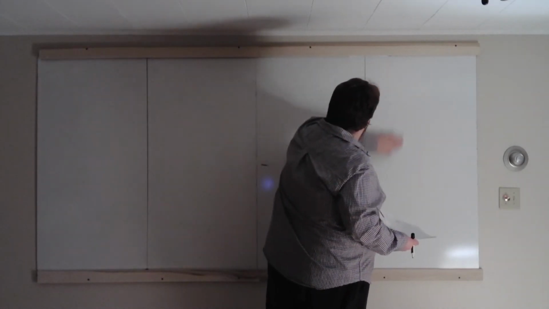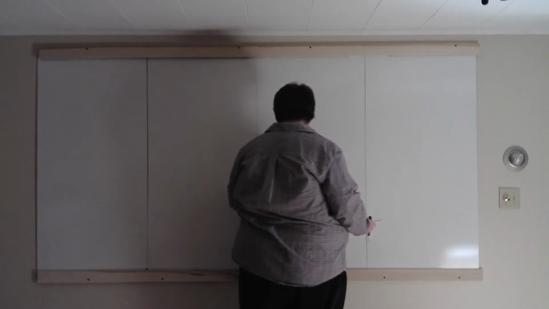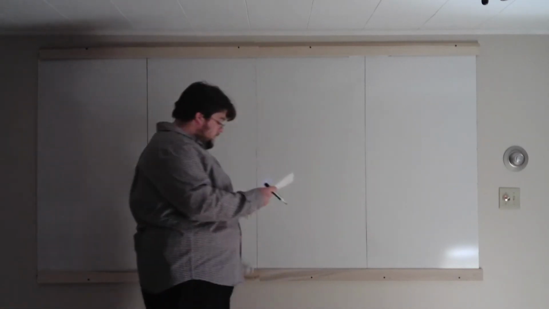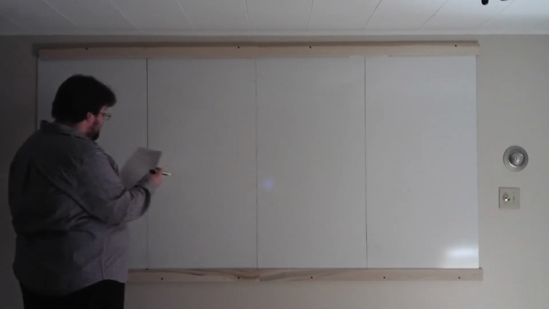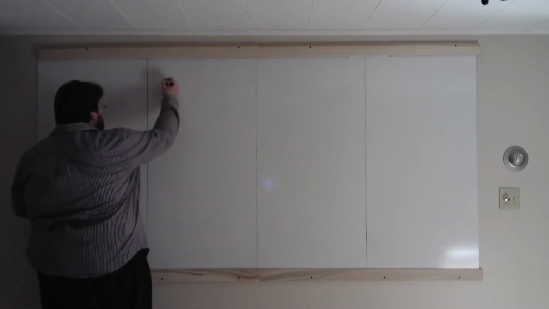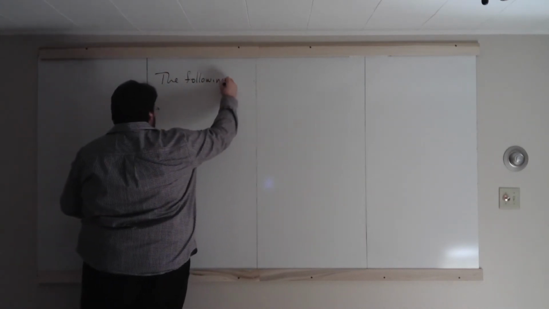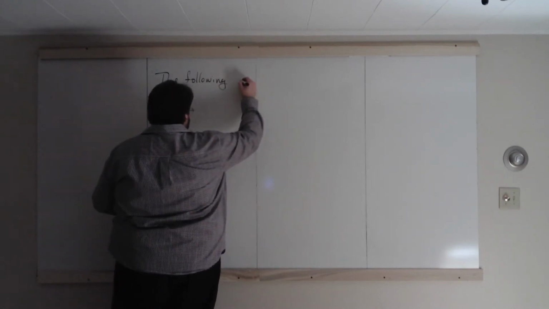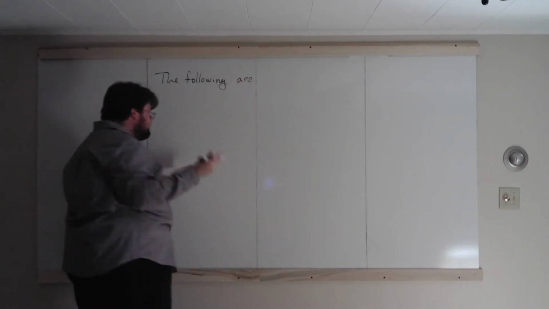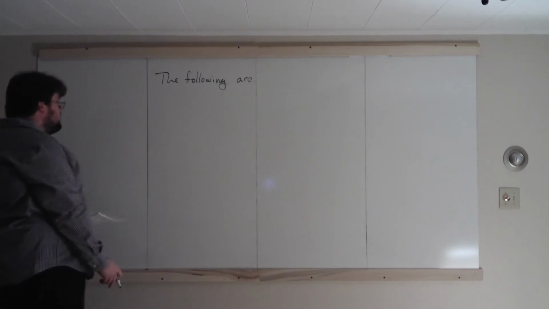So let's write that down. How do I want to write that down? This is how I want to write that down. I'm going to start with "is," but I'm going to be drawing a couple different graphs.